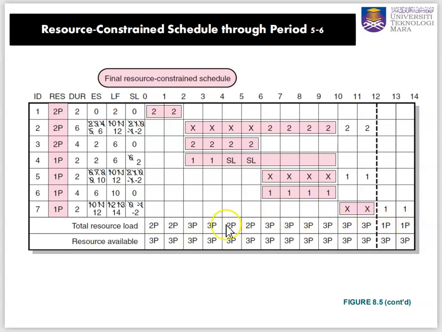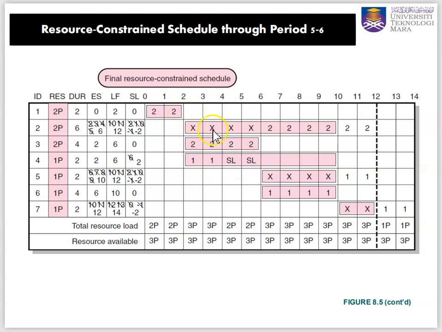So with this, we can total the number of resources that we have here, and we can see that we still have some slack for activity 4 because only 2% is here. Have extra 1%. So we can move here and there for the slack.